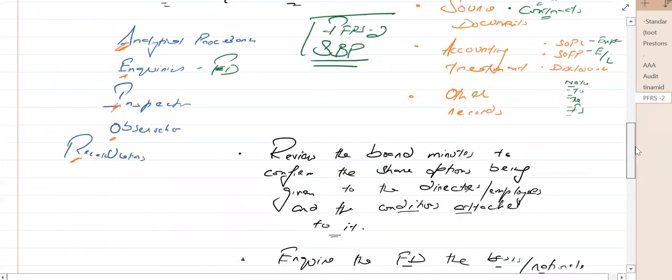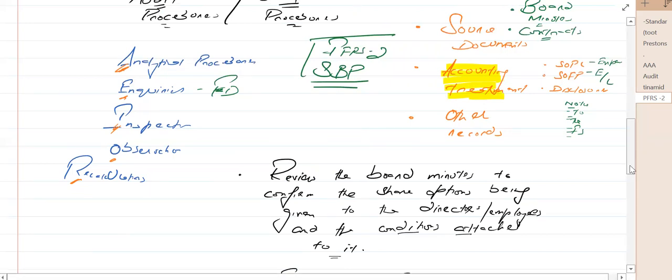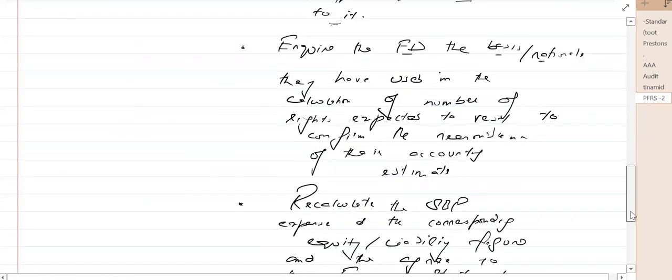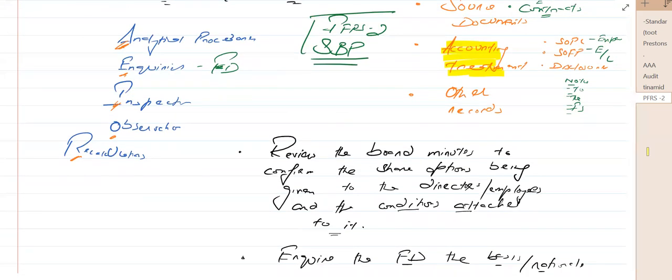And then while making the audit procedures, you again need the accounting treatment. So accounting treatment is the key over here. You can see at least 3 to 4 procedures come directly from the accounting treatment. So these easy marks directly come from the accounting treatment.